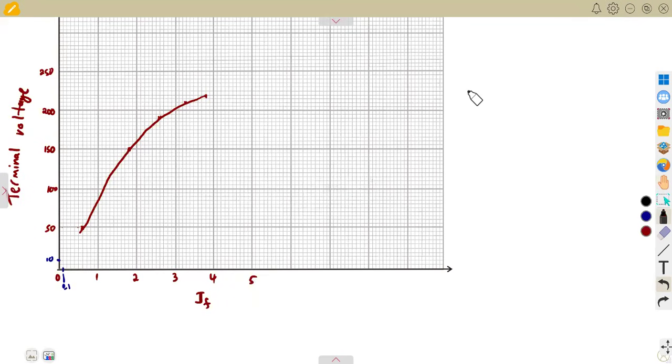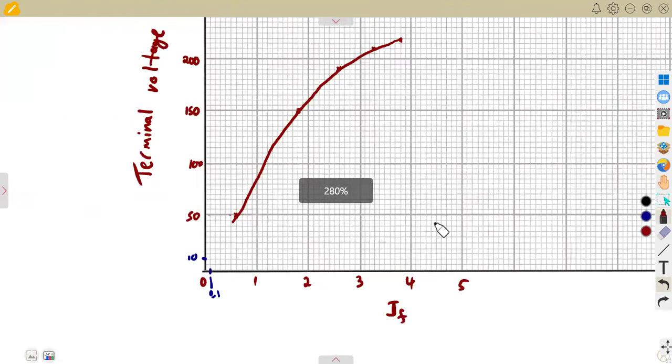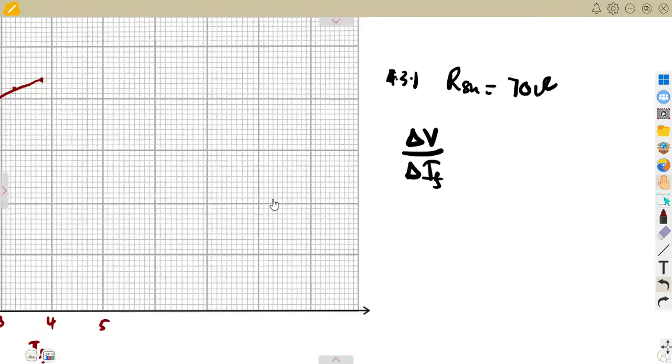So this is 4.31. We are given the field resistance of 70 ohms, which represents the slope, the change in voltage over the change in current. This must be taken from 0,0. So already you've got an initial point to consider on the slope, which is your gradient, the point 0,0.